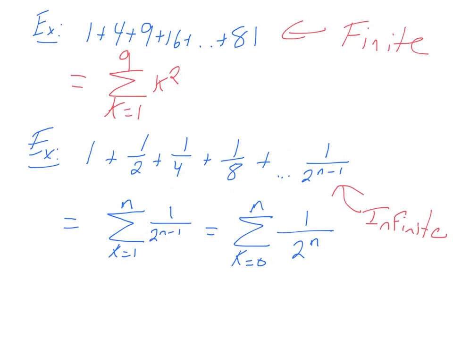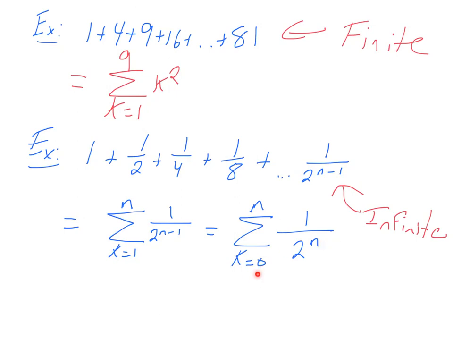In this case, we plug in 1, we get 2 to the 0. Bam. We plug in 2, we get 2 to the 1, 1 over 2. You plug in 3, we get 1 over 2 squared, right? 1 over 4. And we keep getting all those. In this case, though, we plug in 0. We start at 0, and so the first term is the 0th term, then the first term, then the second term. Instead of being the first, second, and third term, this is the 0th term, the first term, and the second term.